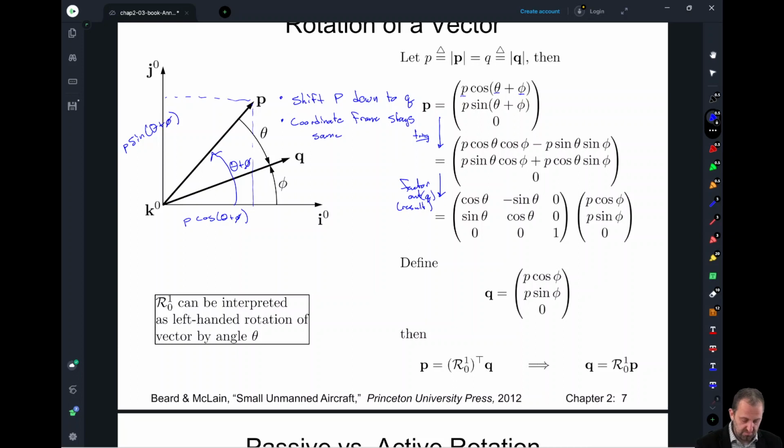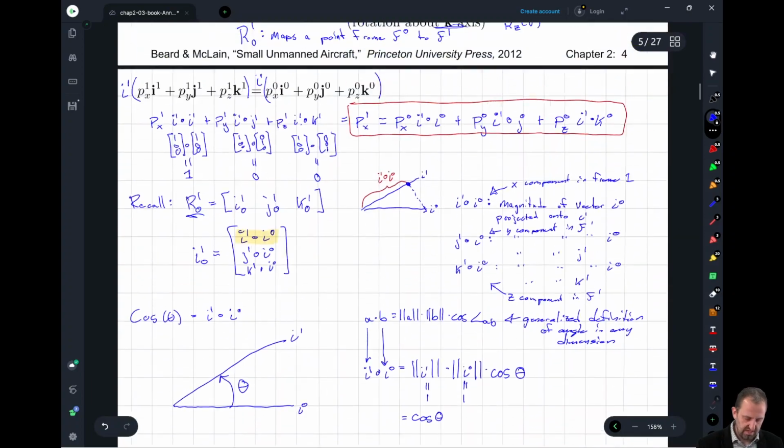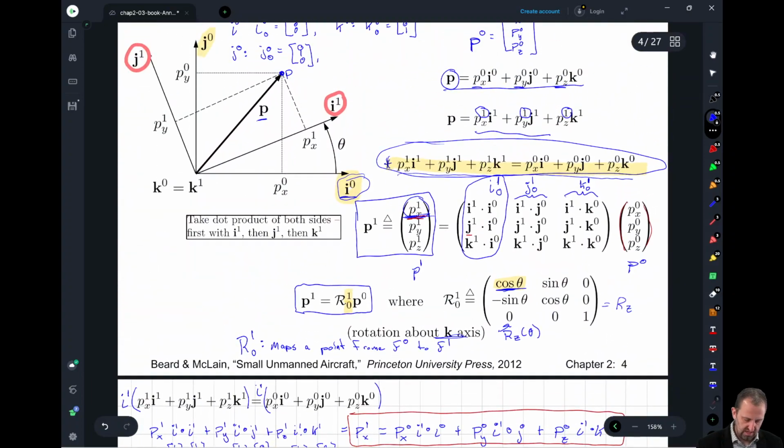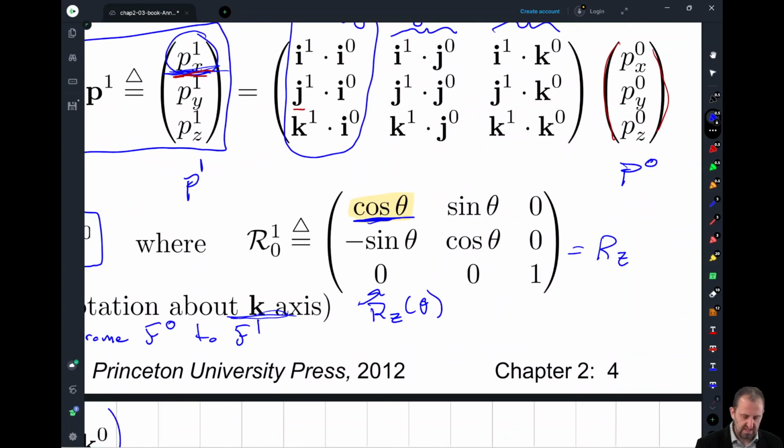The thing that's really interesting to note is that this is the same rotation matrix that we got earlier. When we were rotating just about the z-axis, it's almost the same rotation matrix, except that our minus for the sine term has been shifted over to that term.